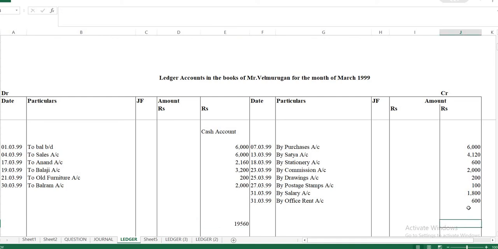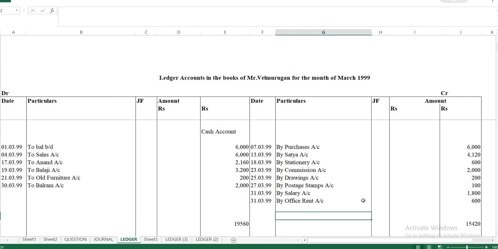This side how much you are getting, you just again calculate. 6,000 plus 4,120 plus 600 plus 2,000 plus 200 plus 100 plus 1,800 plus 600. 15,420 you are getting.